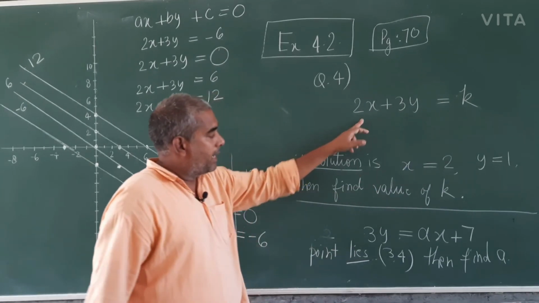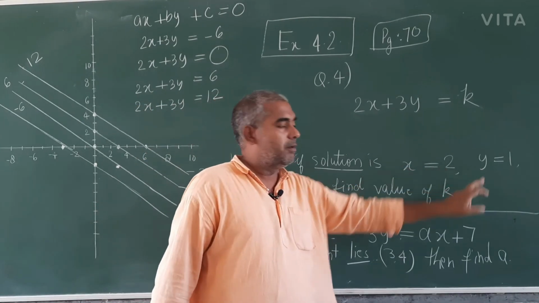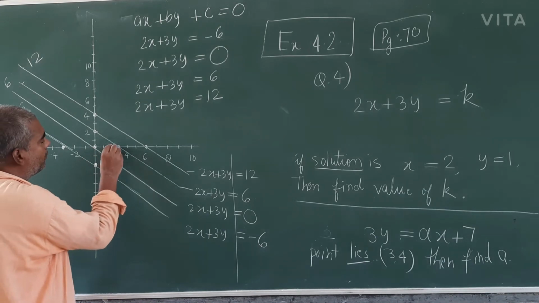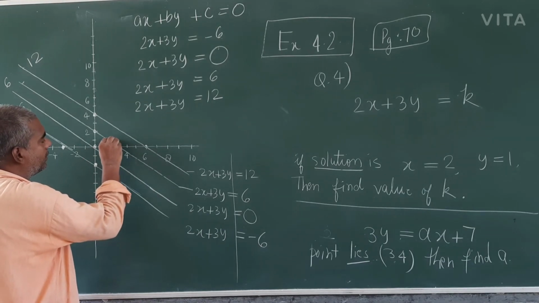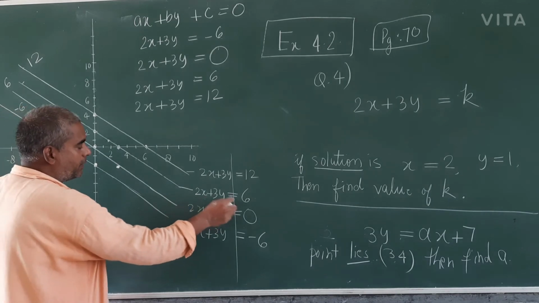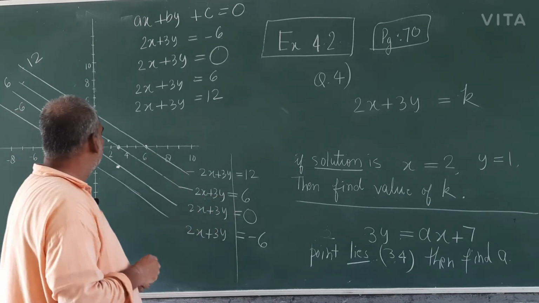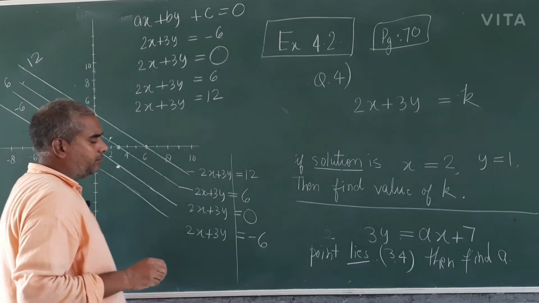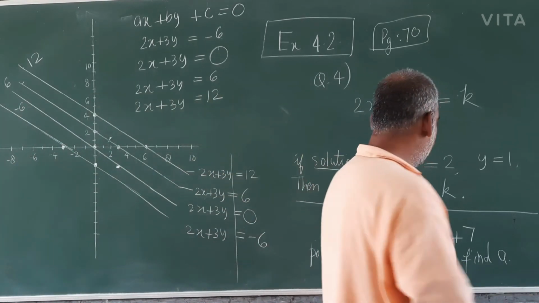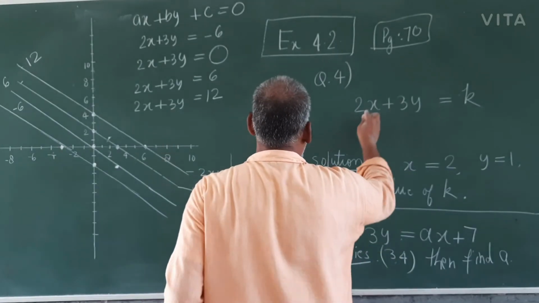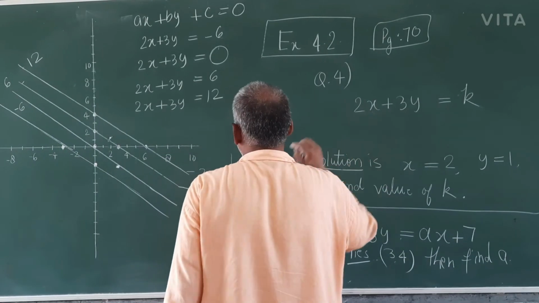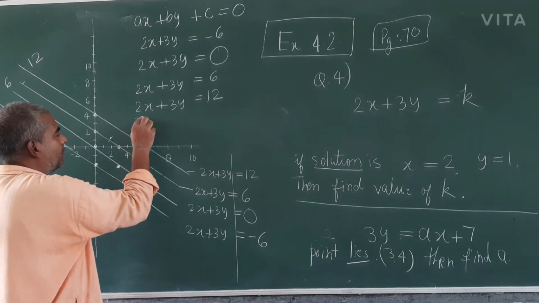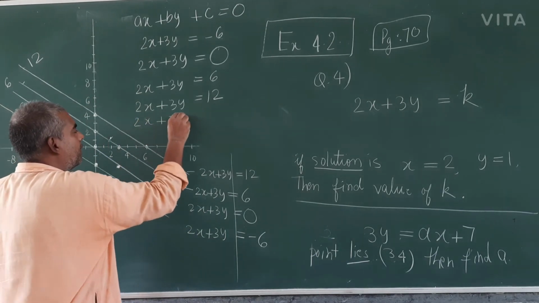Which parallel line passes through the point 2 comma 1? So 2x plus 3y is equal to 6? No, actually 2x plus 3y is equal to 7. You write 2x plus 3y is equal to k.